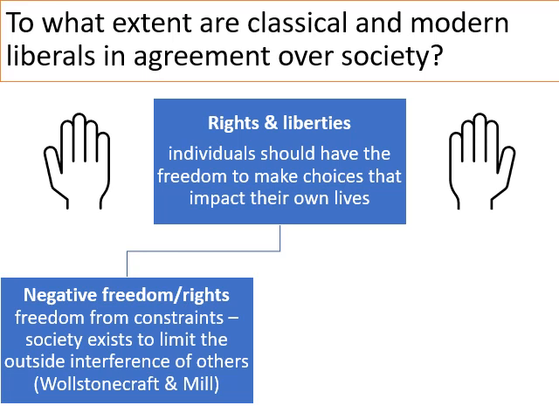Mary Wollstonecraft could come in here because we could talk about how she argued that because women have the same capacity to reason as men, they are deserving of the same freedoms as men, and they should be allowed to make their own choices about how they live their lives, who they get married to, for example.